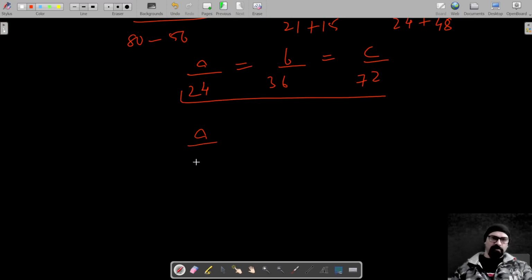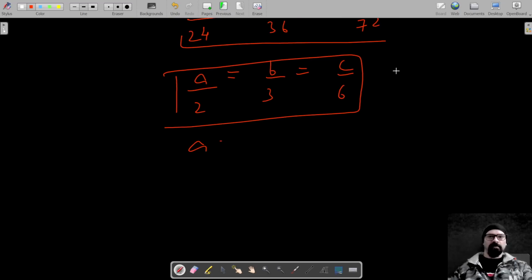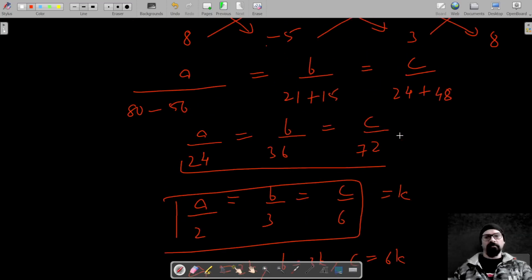We can take 12 common, so a/2 = b/3 = c/6. Let's say this is equal to k. So a = 2k, b = 3k, and c = 6k.